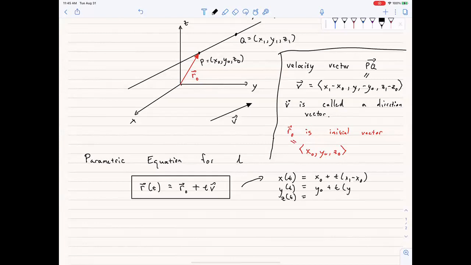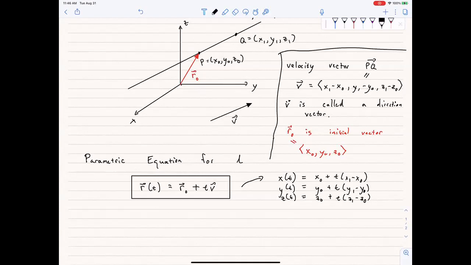So you can do this if you want, and this is just writing out each coordinate of this vector equation, vector parametrization. So sometimes, I mean, the book has this, we'll call this set of three equations a parametric equation. I prefer just the more compact form of a vector equation. All right, so this is how we get the equation.